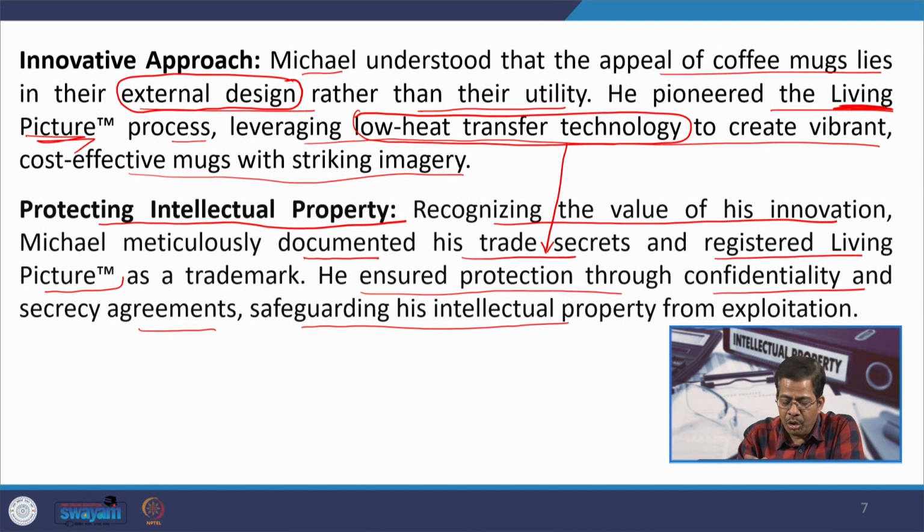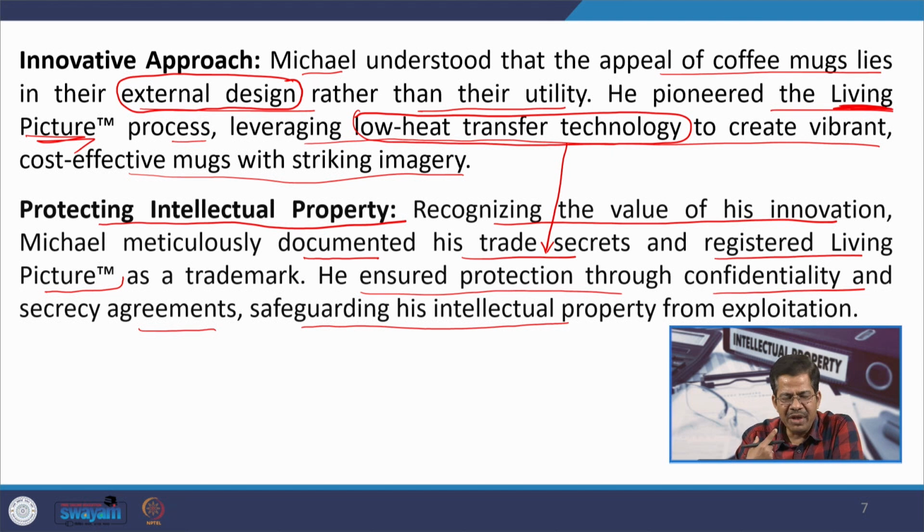So, this low heat transfer technology, he could have patented also, but if he patents this technology, it was not that rocket science technology. So, there was a possibility that all the printing presses, all these picture labs, they may start using these technologies for printing the coffee mugs with their customized designs.